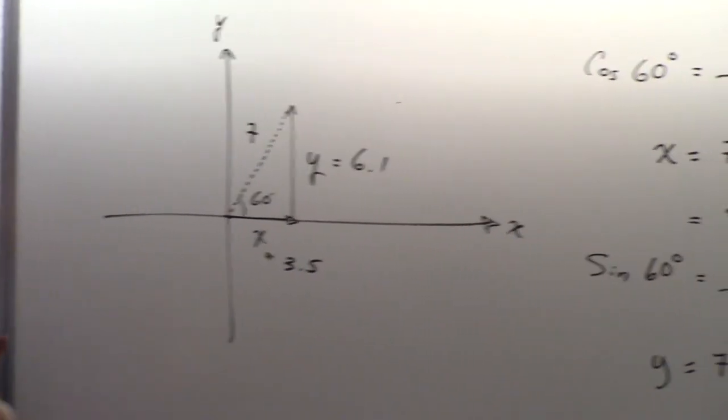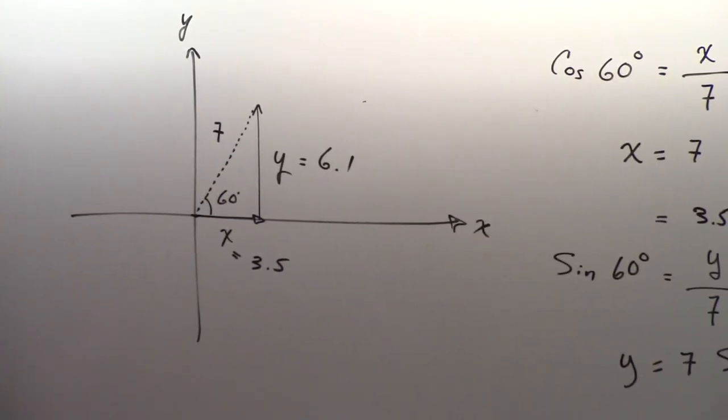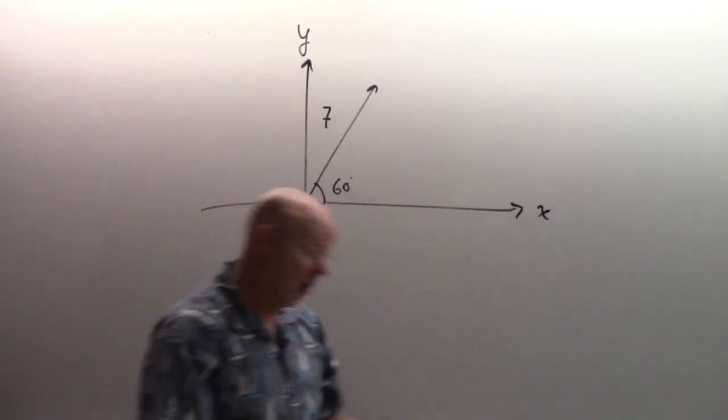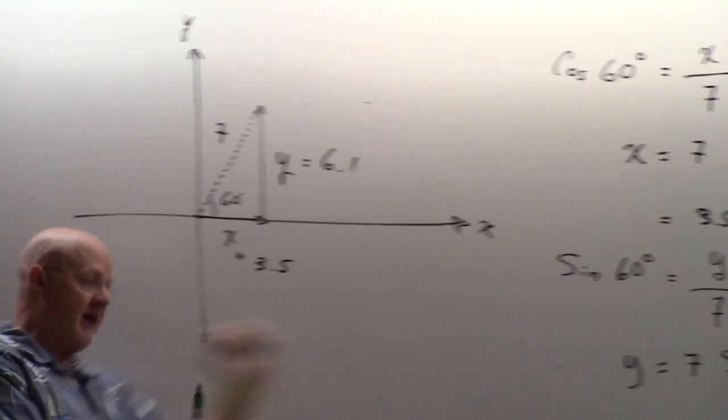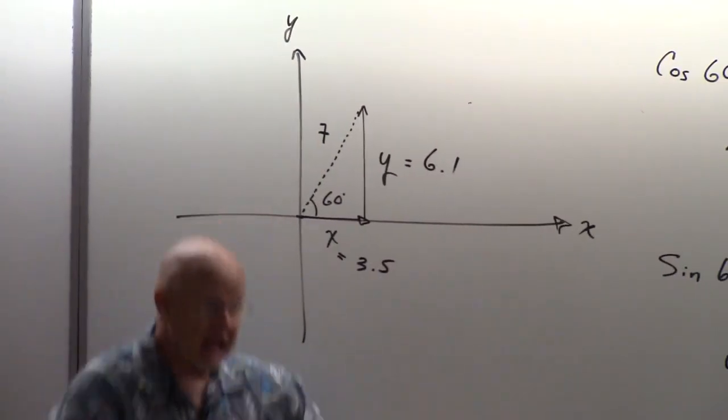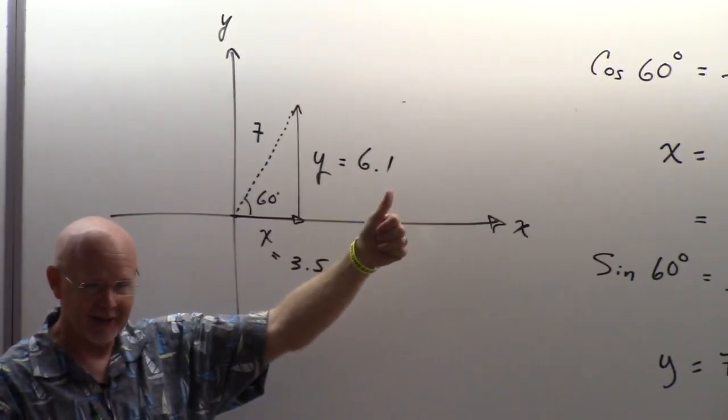And so again, let me just overly emphasize, hopefully not too slow here, but we've got some trig to do to understand two-dimensional motions. Because what we have to do is either A, think about it as a 7 at 60 degrees, or B, think about it as a 3.5 in the x direction and a 6.1 in the y direction.